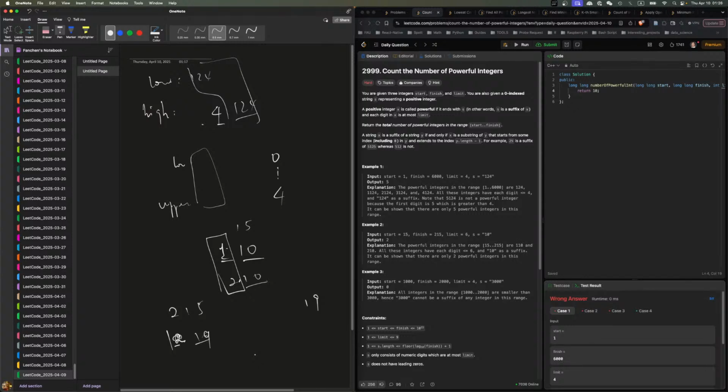Because I have a start, so I can go all the way to the next stop point, right? The next stop point.